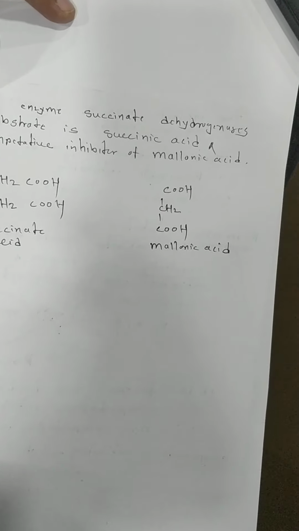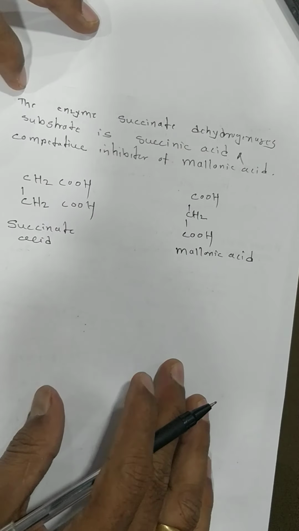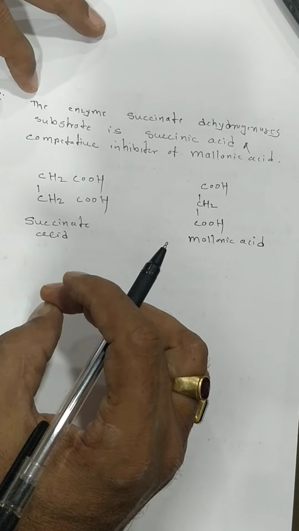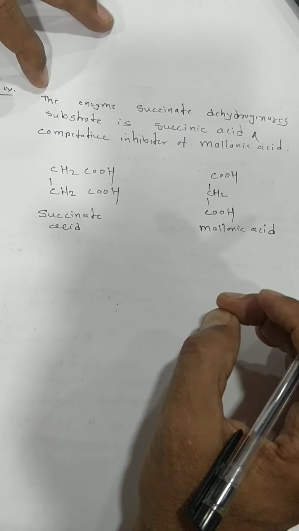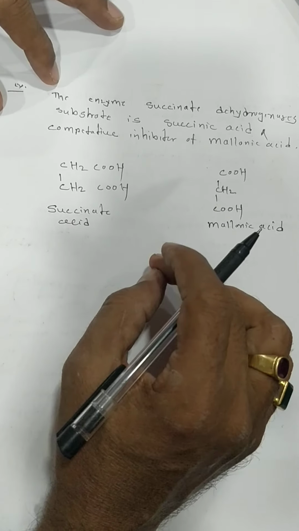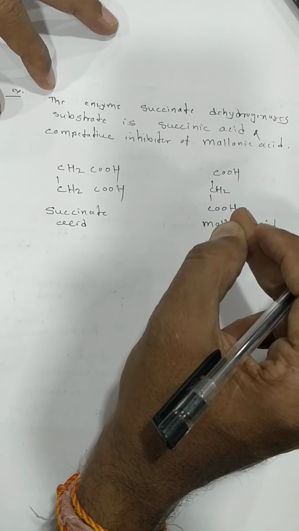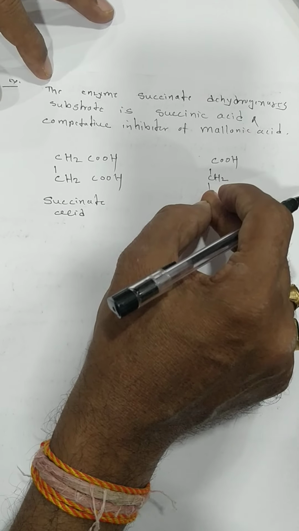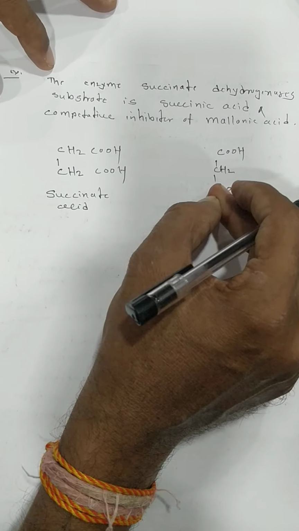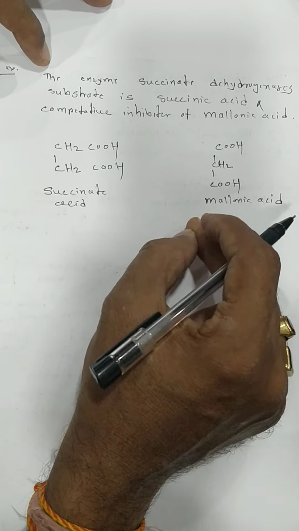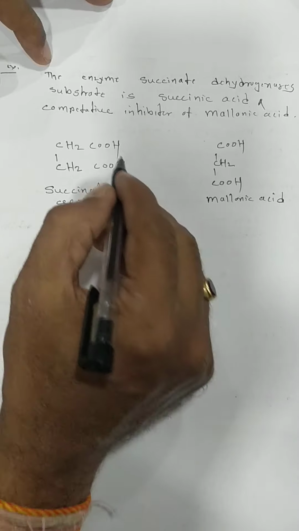What is competitive inhibition? It is a type of reversible inhibition in which the inhibitor competes with the substrate because of structural similarity for the active group.